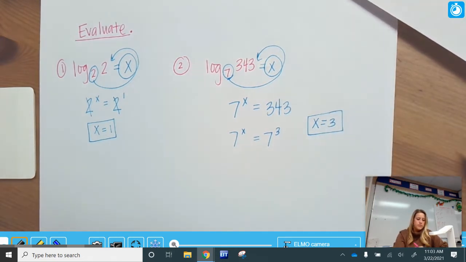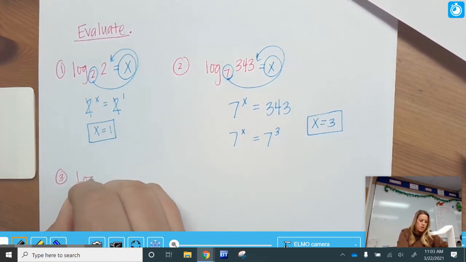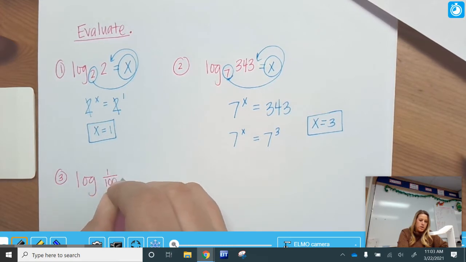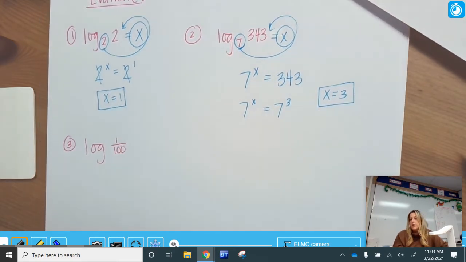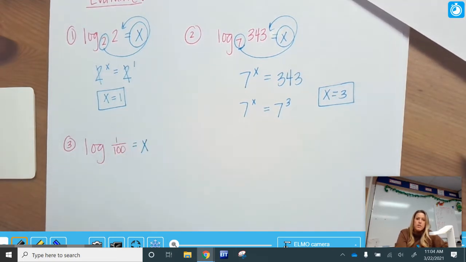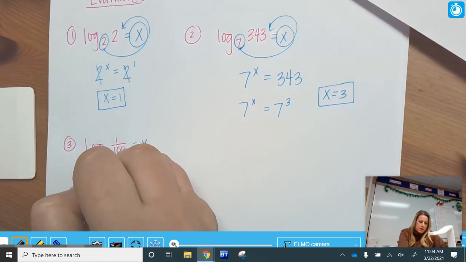Okay, so moving to the next one. Log of 1 over 100, and it will say evaluate. So again, it's not in exponent form yet. It doesn't have an equal sign, so we need to create an equal sign. There is no visible base, so it's going to be a base of 10.